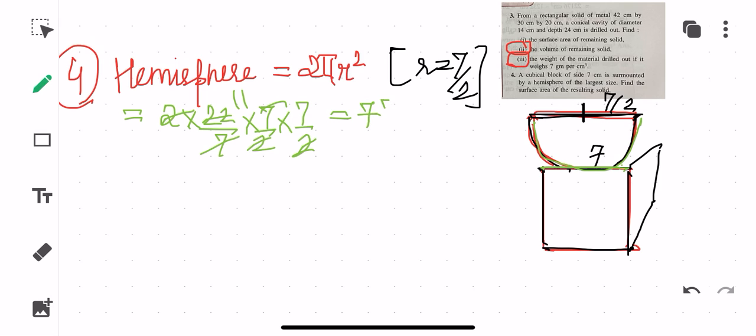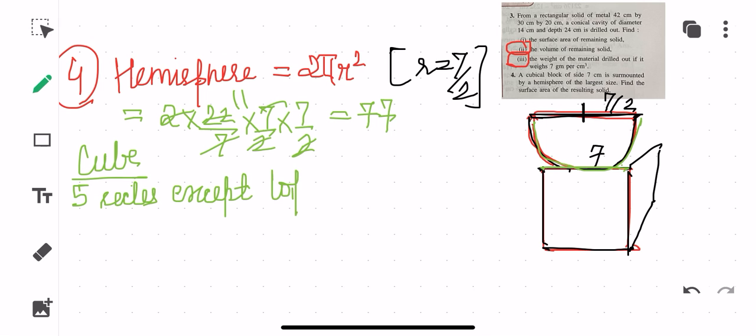So what will you be writing now? You will be writing for the cube. For the 5 sides except the top, what will be the area? Surface area will be equal to 5 into side square. Why, children? Because for one face it is side square.